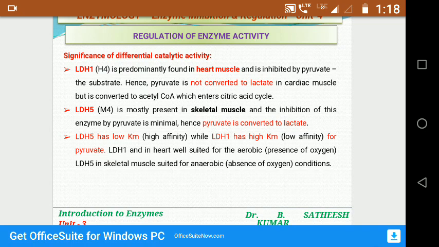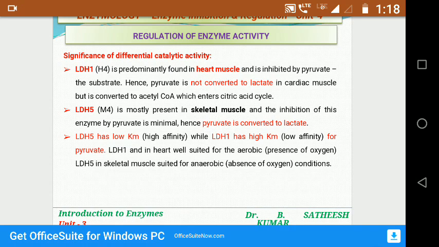This LDH1 is inhibited by pyruvate, which is its substrate. Hence, pyruvate is not converted to lactate in cardiac muscle, but is converted to acetyl-CoA, which enters the citric acid cycle. So if pyruvate is there, LDH1 is inhibited and no lactate is formed. Thereby it favors the aerobic respiration process in the heart.